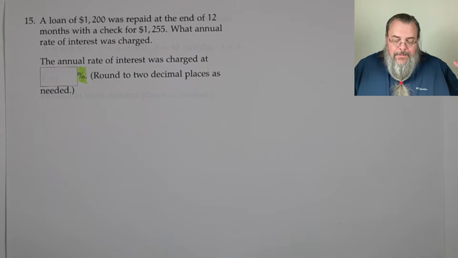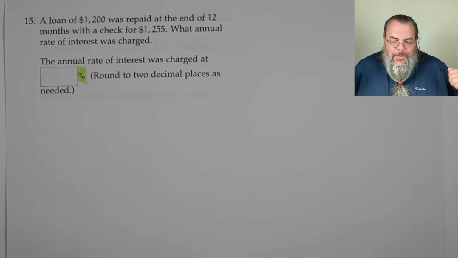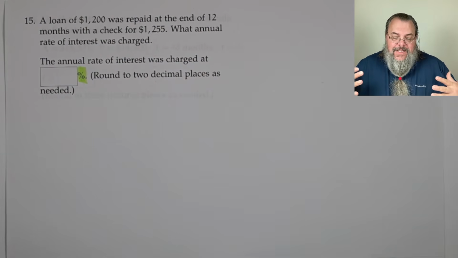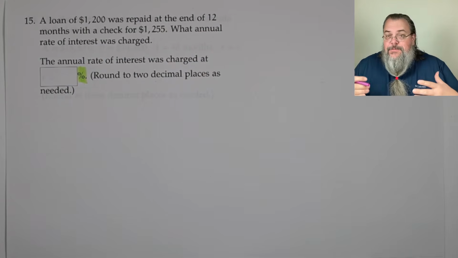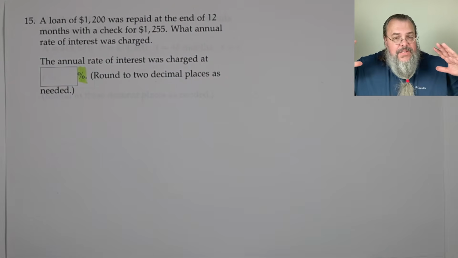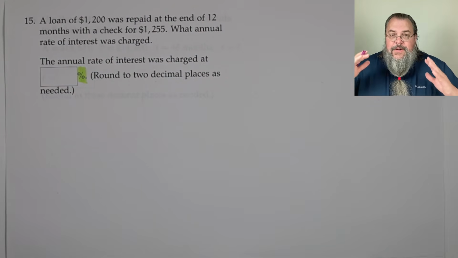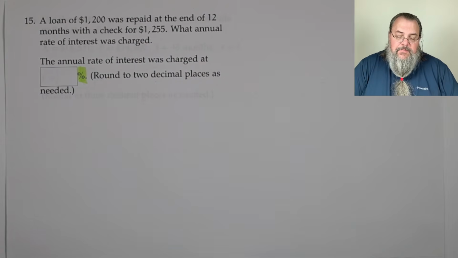So we're now into the financial math part. Woohoo! Yes! Okay. Now, what's going on? We have a loan. It goes for 1 year. And what's the annual rate of interest that was charged? We were just thinking this is simple interest, one time, 1 year, the simplest thing we can be in.